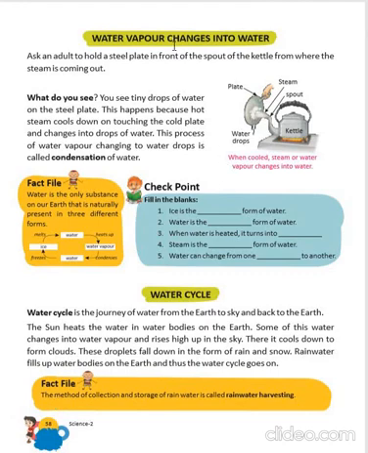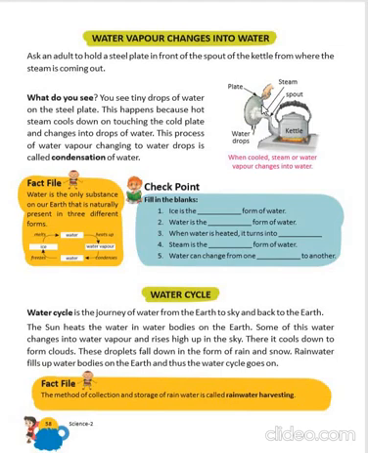Now look, water vapor changes into water. Now ask your adult to hold a steel plate in front of the spout of the kettle from where the steam is coming out. What will you observe? You will see tiny drops of water on the steel plate.